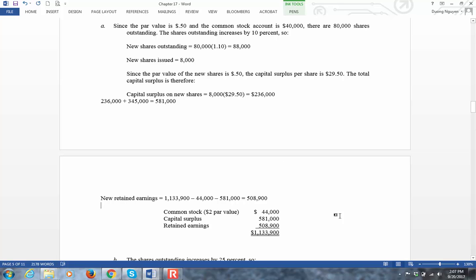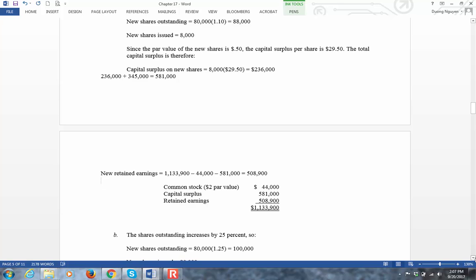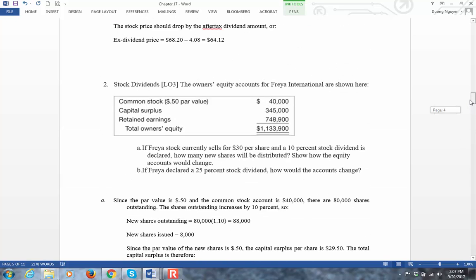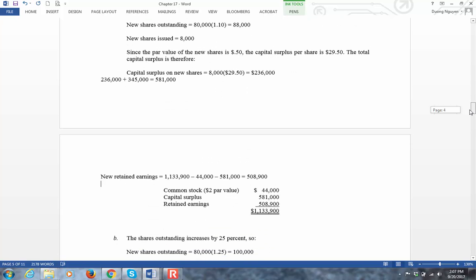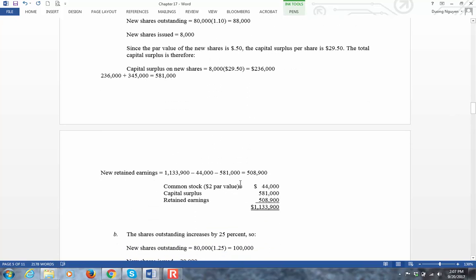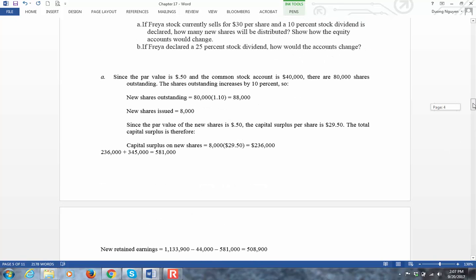Okay, so now you have a new retained earnings. The amount of equity remains the same, but the common stock value has changed.